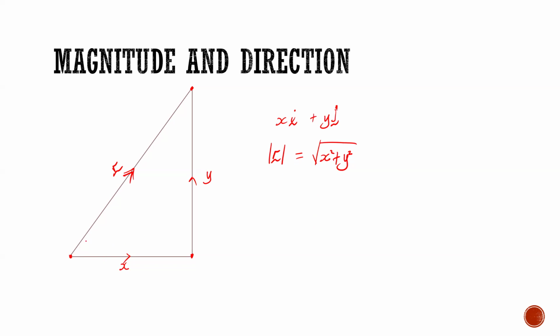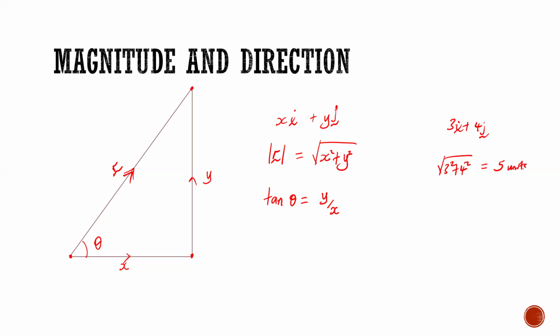And the direction, how do we get the direction? So that angle theta, from our knowledge of trigonometry, we know is the arctan of y out of x. And so if we had our vector, say, for example, 3i plus 4j, we know that the magnitude of this vector would be the square root of 3 squared plus 4 squared, which is 5.